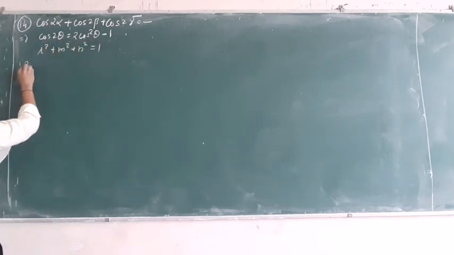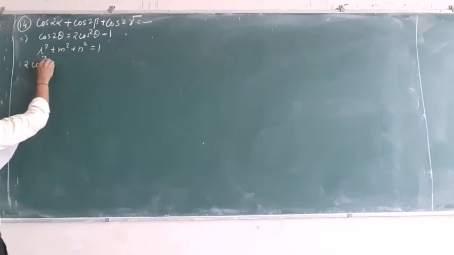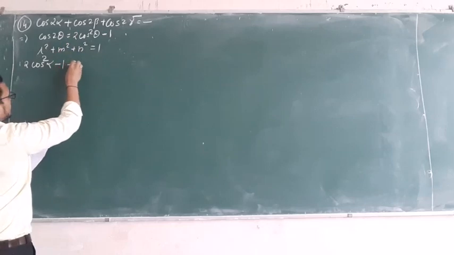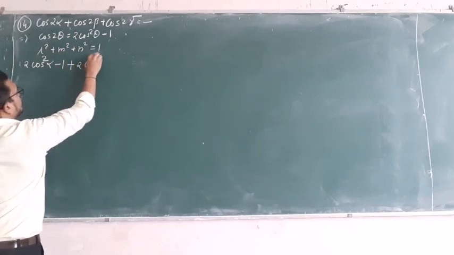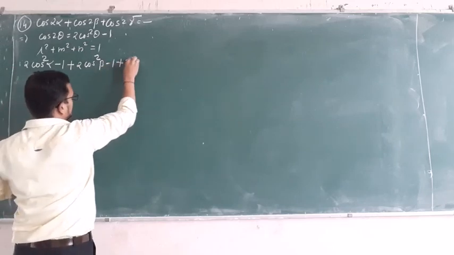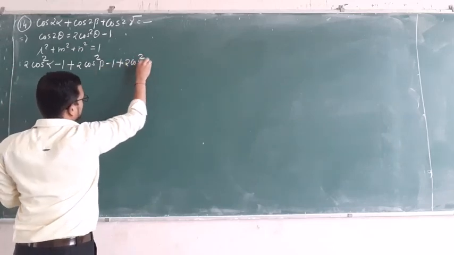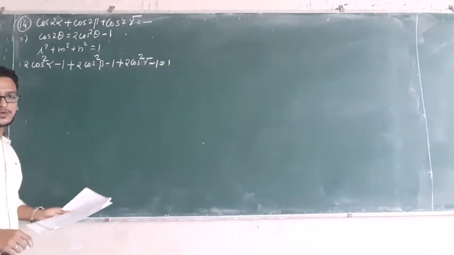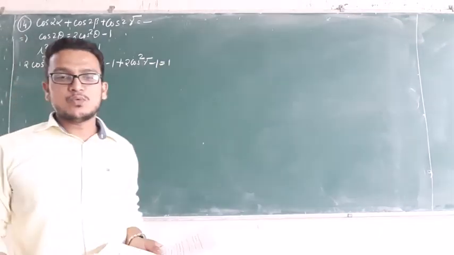So it is 2 cos square alpha minus 1 plus 2 cos square beta minus 1 plus 2 cos square gamma minus 1, which is equals to 1.